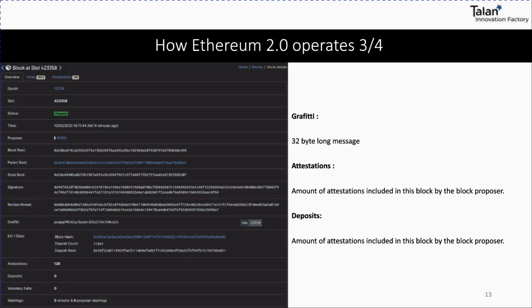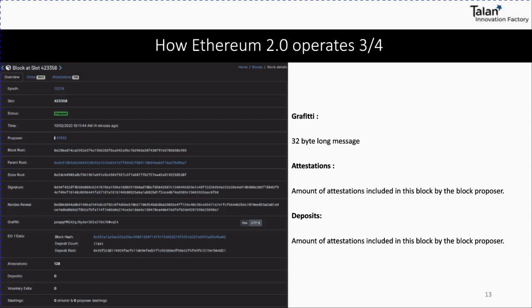Okay, so other changes that may be interesting for you is the block structure, because many things change on Ethereum, and we have new parameters that need to be added. Of course, we have some of the old ones, but mainly we have here the epoch.